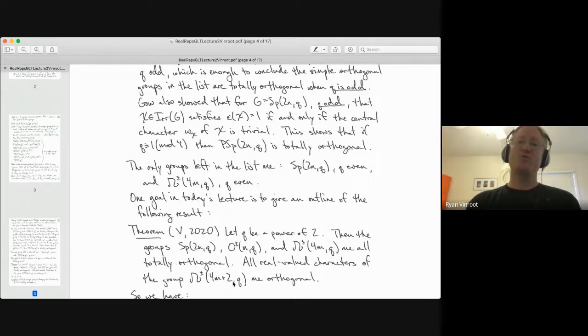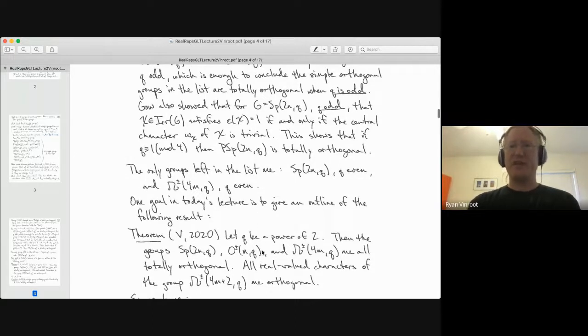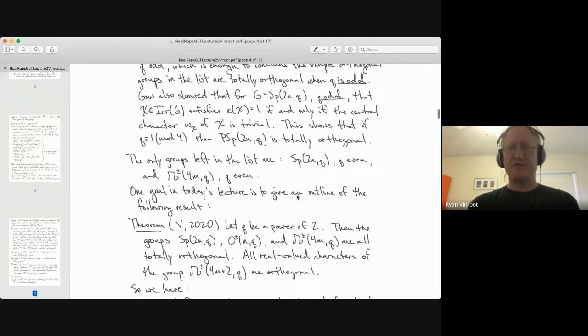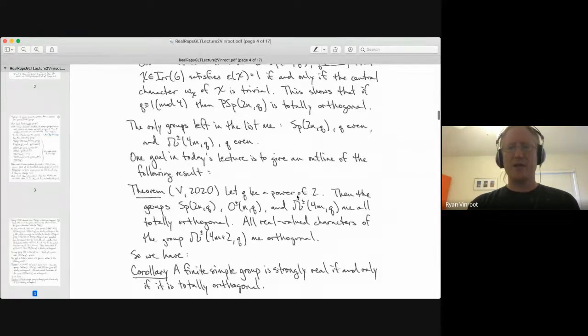And a little more information: if you look at dimension 4m plus 2, all of the real valued characters of this simple orthogonal group are orthogonal. It's not totally orthogonal, but we have no minus 1 indicators. Okay, so I'll give an outline of this proof a little later.